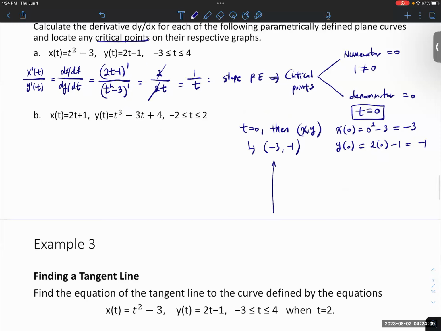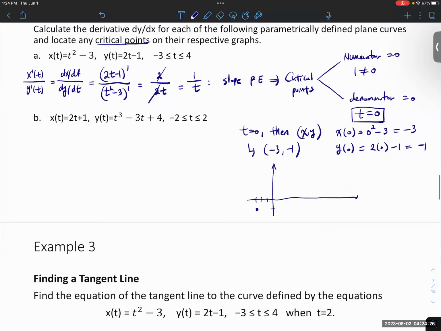If you graph it, negative 3 comma negative 1 here, right? And then we don't know exactly the graph, but this is going to be either a local min or a local max. Actually, I already graphed it for you. So what I'm saying is if you create a table and then try to make a graph, you will actually get this one.